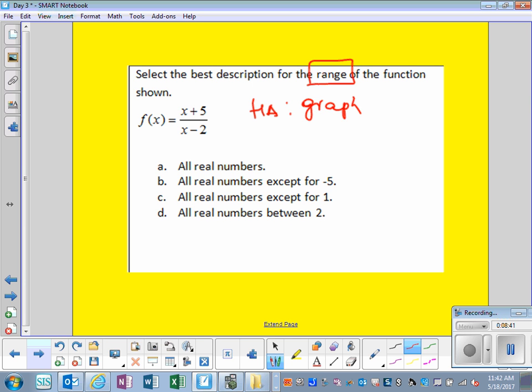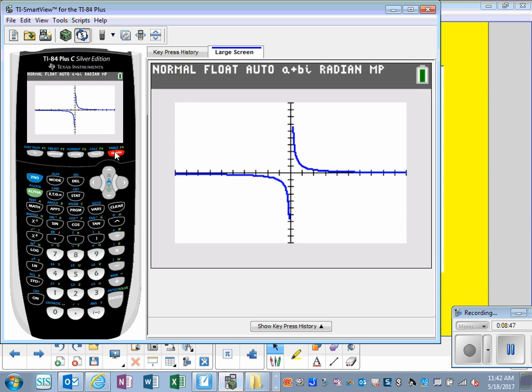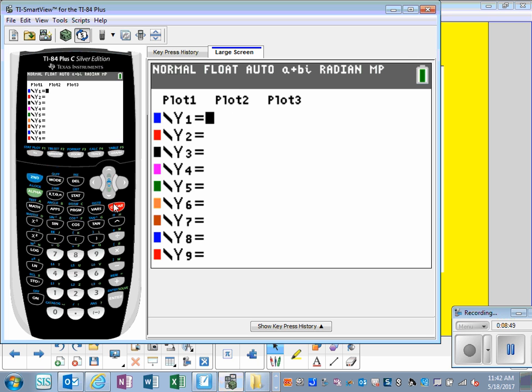Let's look at the graph. x plus 5 by x minus 2. Graph is kind of wonky. Let's see. So y equals, don't forget parentheses, x plus 5 divided by x minus 2.